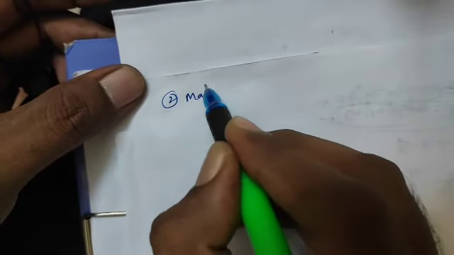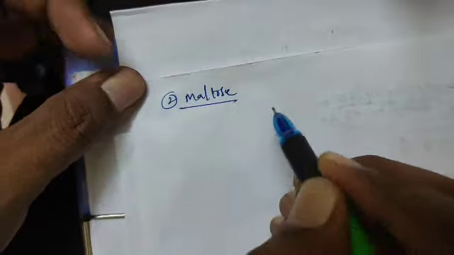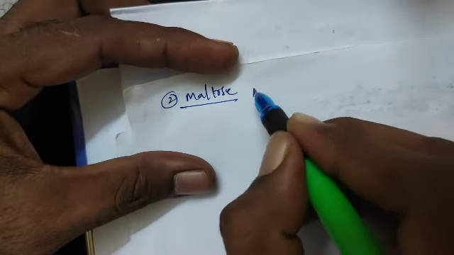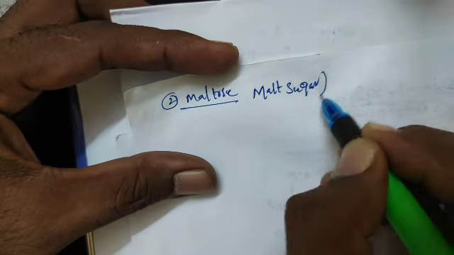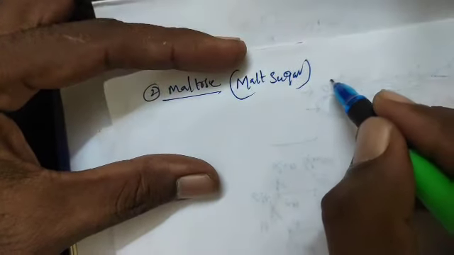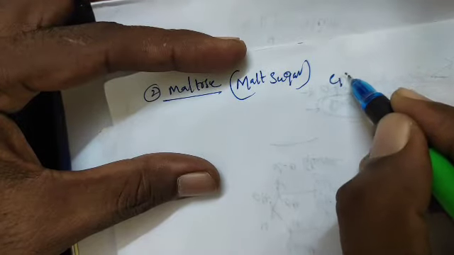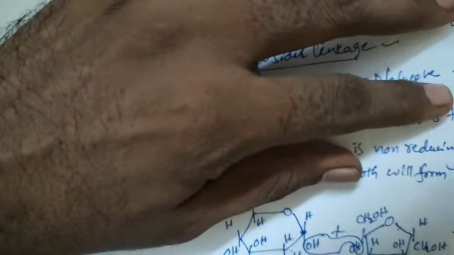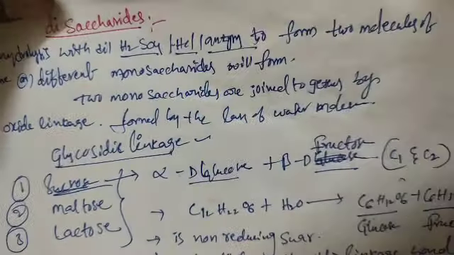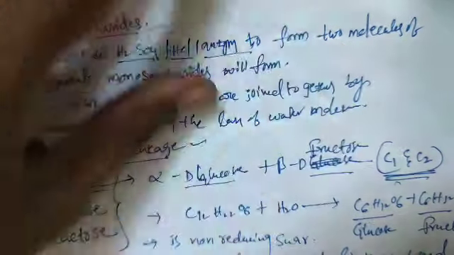Now the second one is maltose. Maltose means malt sugar. It is attached through C1 and C4 carbon. Before, I said sucrose is C1 and C2, no? Here, C1 and C2 are connected to each other.